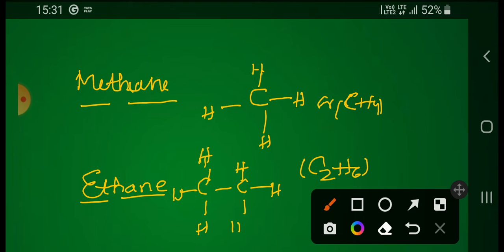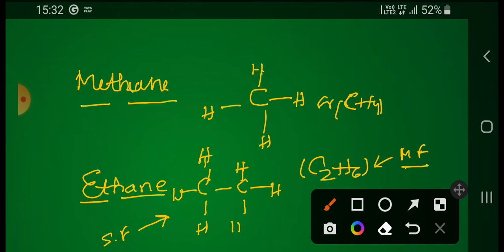So methane, ethane. Similarly, we can write all the other members of this family. This represents the structural formula and this one represents the molecular formula. When we show the bond between the atoms, then it is said to be a structural formula, and in condensed form it is said to be a molecular formula.